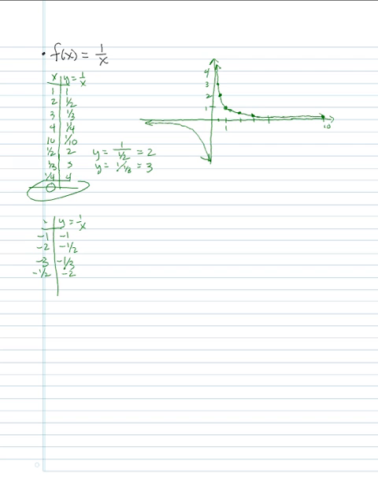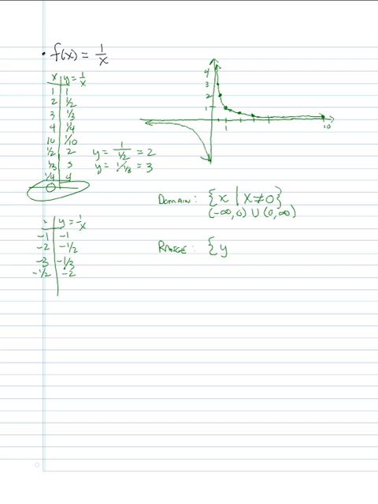Now again, we couldn't choose x to be 0, so in this case, let's notice the domain is the set of all x's such that x is not equal to 0. Or that would be from -infinity to 0, union with 0 to infinity. And the range here would be the set of all y's.